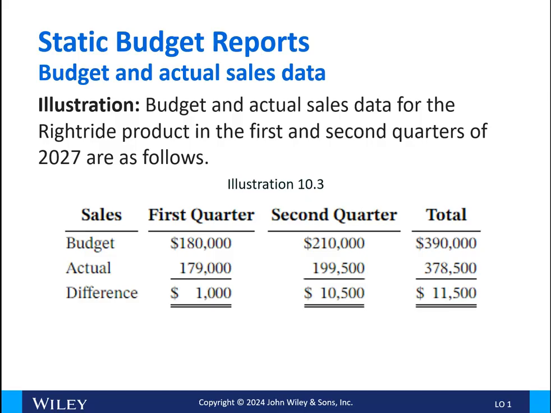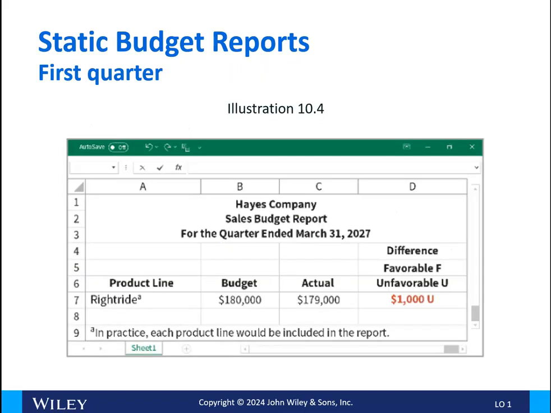When we look at a budget report, a sales budget report in this case, we have the budget column, the actual column, and then a difference column that is either going to be favorable or unfavorable, with the F or the U. I've also seen reports where it doesn't have the F and the U, like we're going to see in this chapter and some of the examples we go through, but positive is favorable, negative is unfavorable.